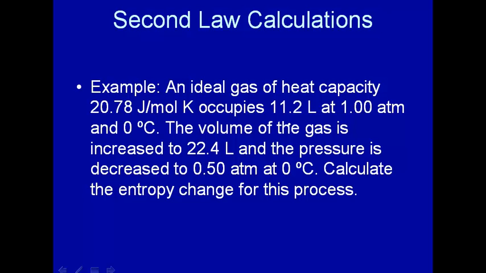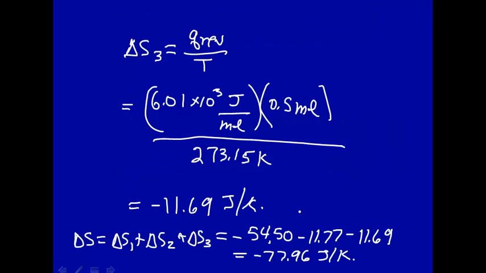This ideal gas occupies 11.2 liter at 1 atmosphere pressure and 0 C. The volume of the gas is increased to 22.4 liter and the pressure is decreased to half an atmosphere, all at 0 Celsius. So the temperature remains the same, and you're doubling the volume and decreasing the pressure, as you might expect for an ideal gas. Calculate the entropy change for this process.